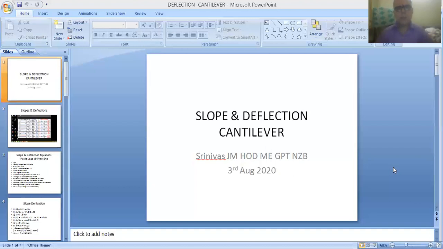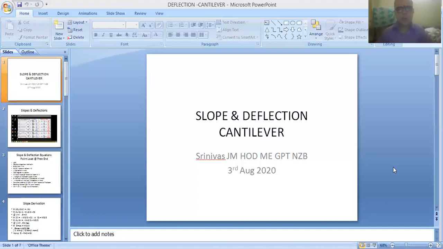Now, in the previous sessions, we discussed shear force and bending moment diagrams for cantilevers and simply supported beams. Right now, we have to talk about calculations of slope and deflection values for cantilevers as well as simply supported beams.